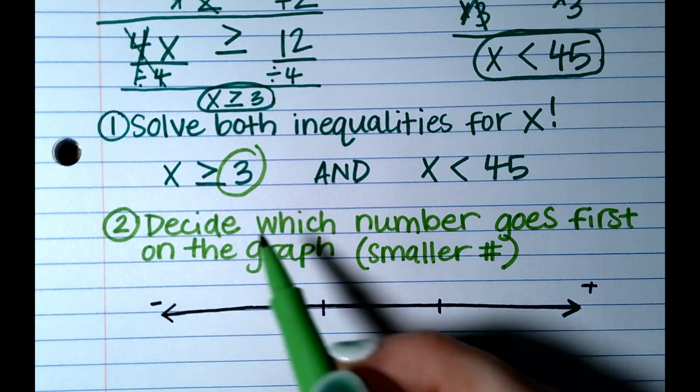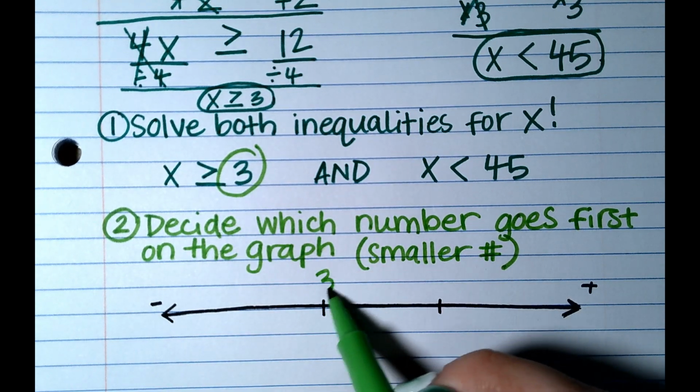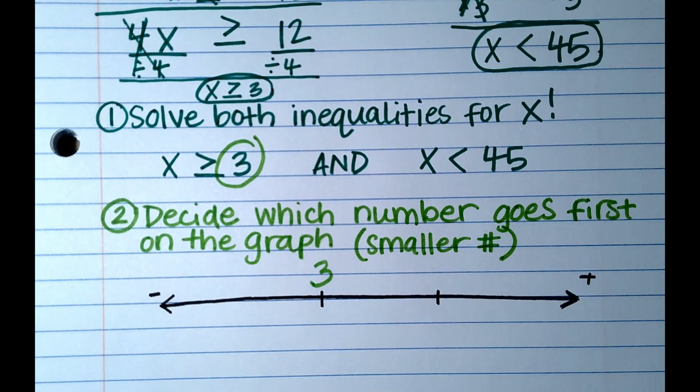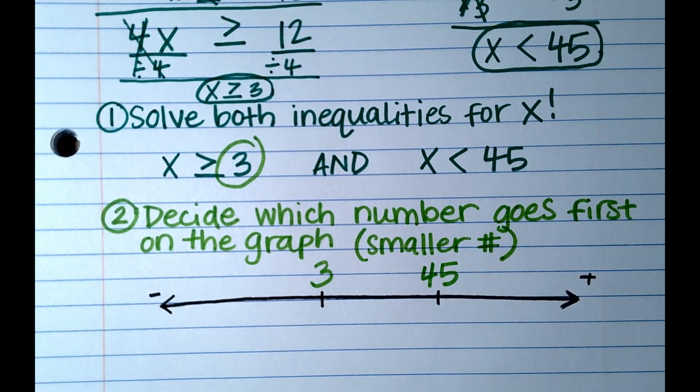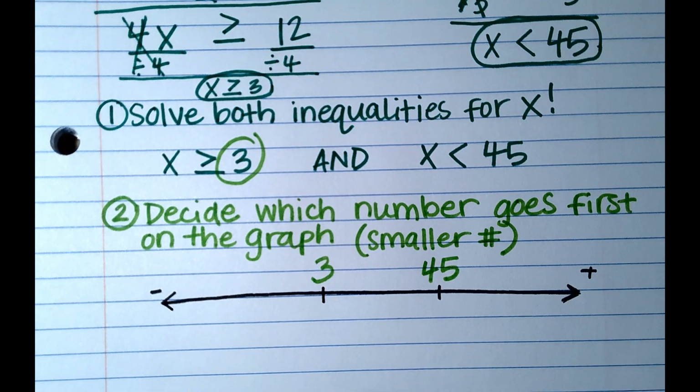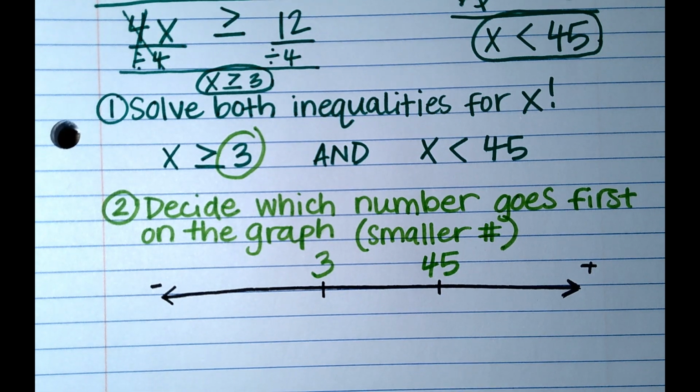So I'm going to write 3 first, and then I can put 45 after that.